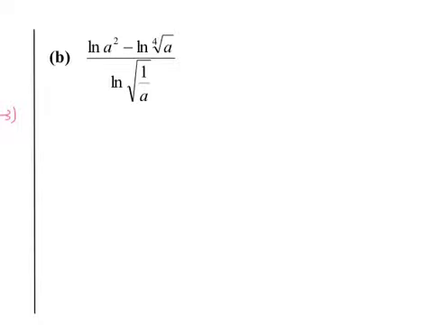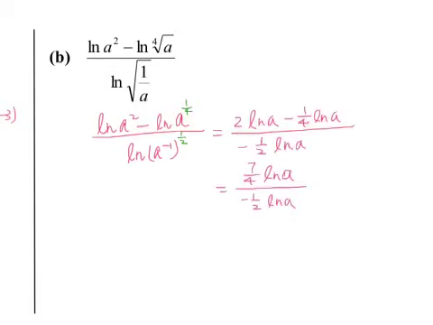Part B looks very difficult, but it's simple too. Look at the index, the green one. Now we put it in front of the ln part, ln a or ln a to the power negative 1. Combine the 2 terms here.